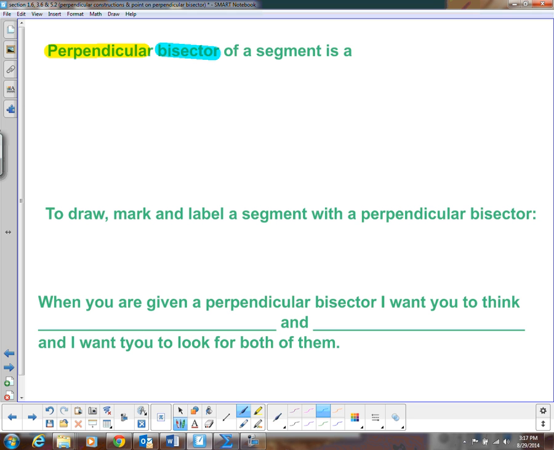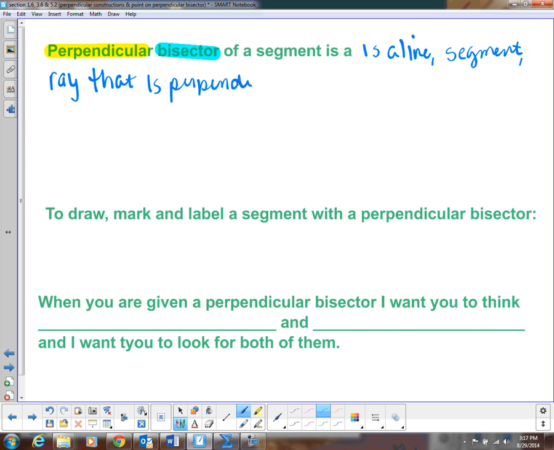So a perpendicular bisector of a segment is a line, segment, or ray that is perpendicular to a segment at its midpoint.